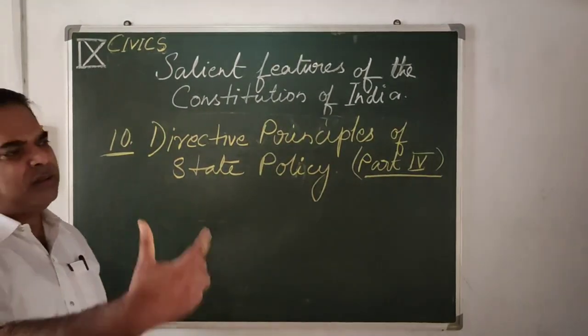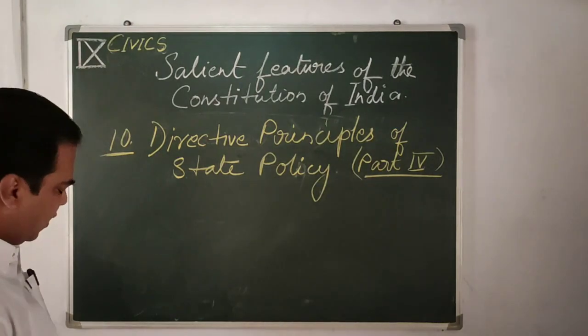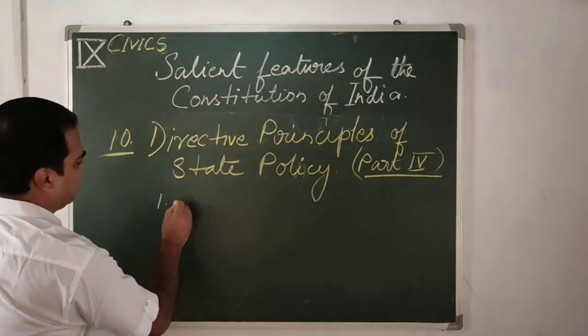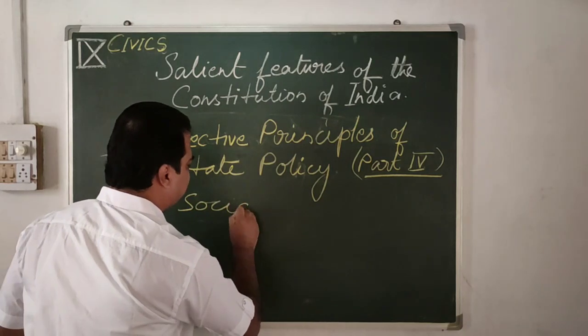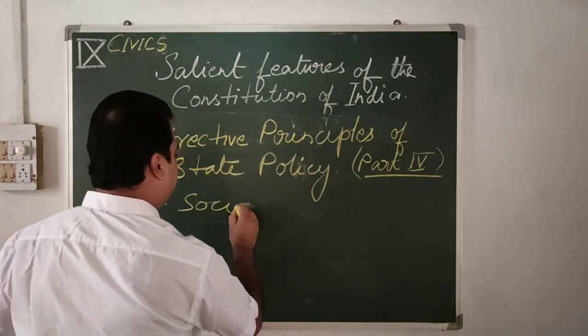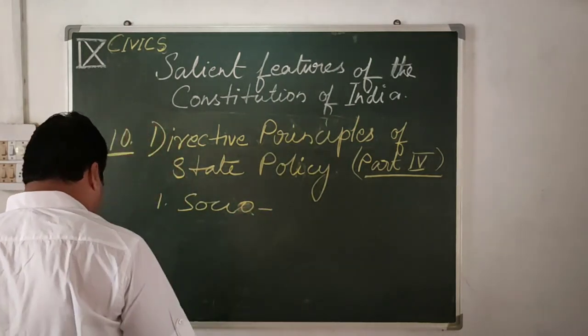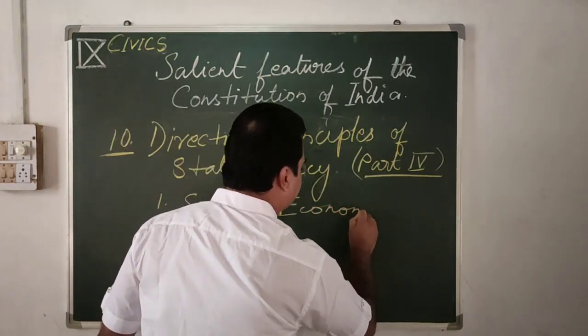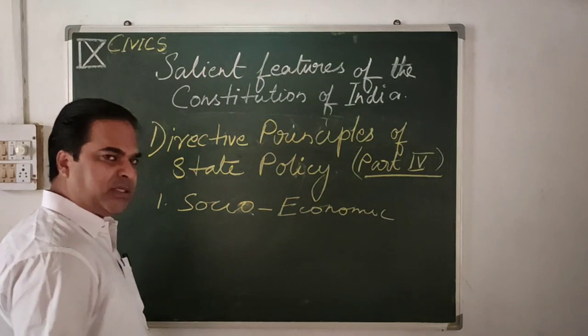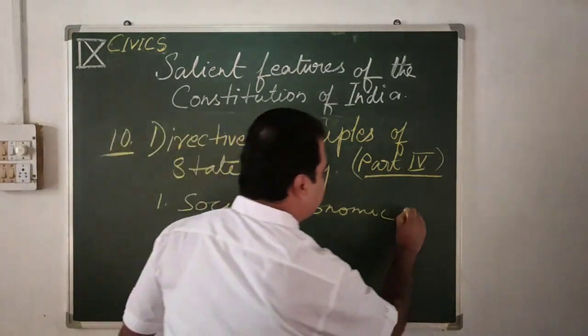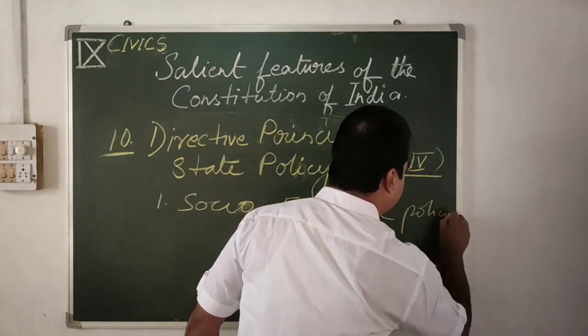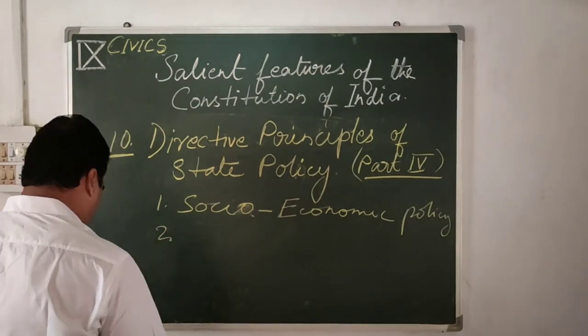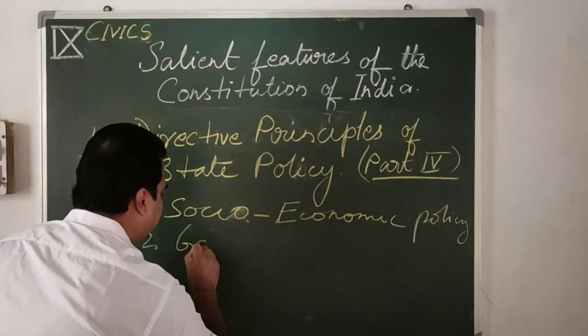Now, all these directive principles are categorized under the following heads. Number 1, socio-economic policy. Number 2, Gandhian principle.